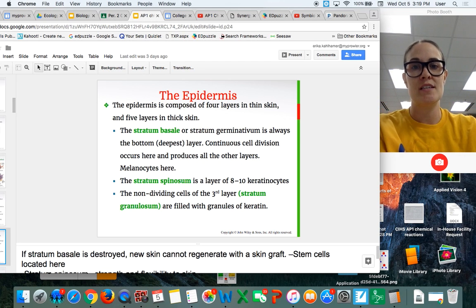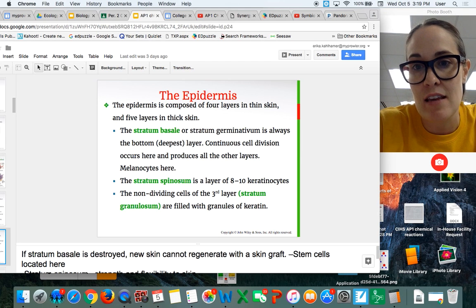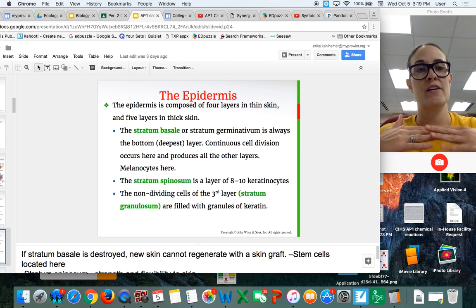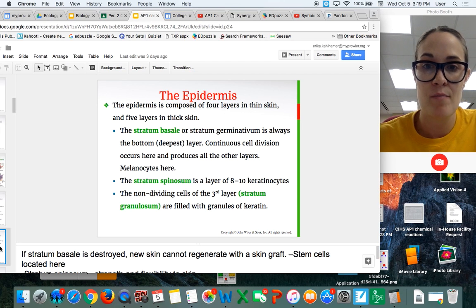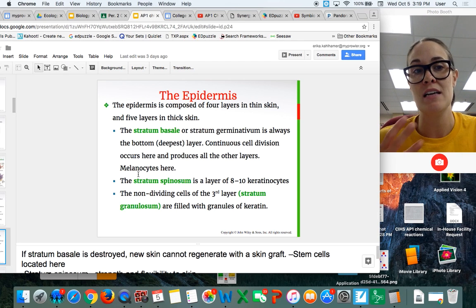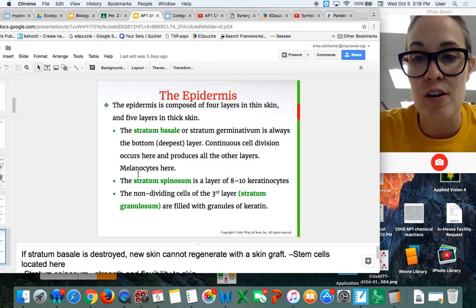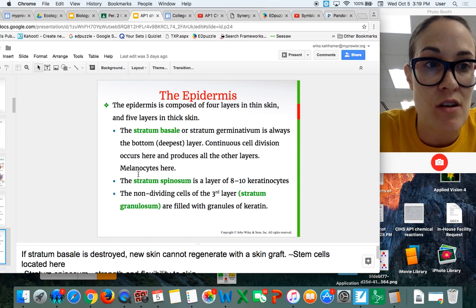The epidermis itself has 4 layers in the thin skin and 5 layers in the thick skin. The lowest layer is the stratum basale, always the lowest, and make sure you note the continuous mitotic cell division; cells are constantly making new cells in that lower layer. This is where the melanocytes, or those pigment-producing cells, reside.